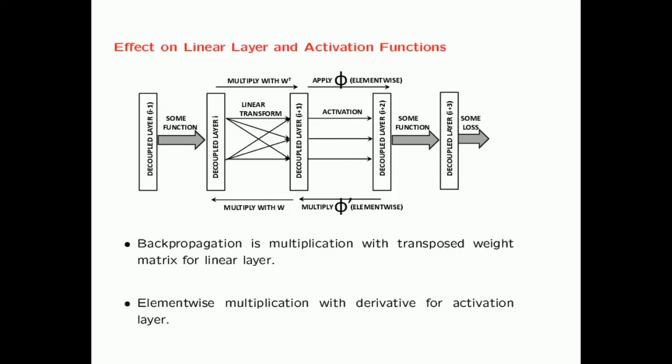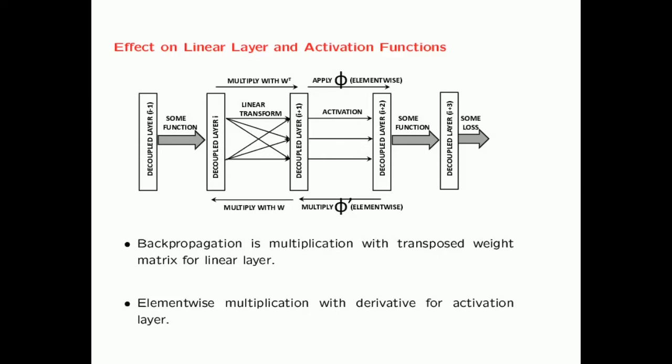Now here I have also shown what these activation function operations as well as the linear matrix multiplication operations mean from the perspective of backpropagation. Imagine you have all these layers where, in the first pair of layers i and i+1, you have a linear transformation, multiplying with W transpose, and then you apply the activation function element-wise.